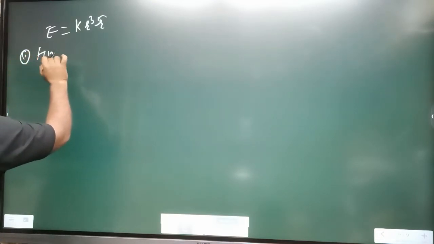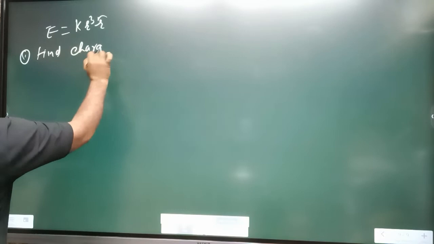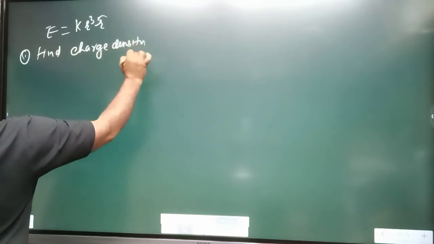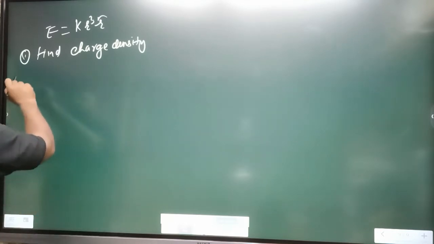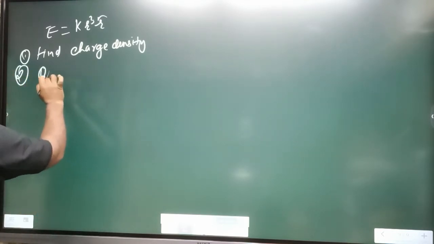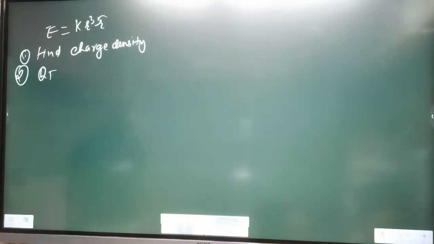Find the charge density. Next, find the total charge contained in a sphere of radius capital R. Second one, find total charge. Find out Q total. First, find out the charge density, and second, we can find out the total charge.